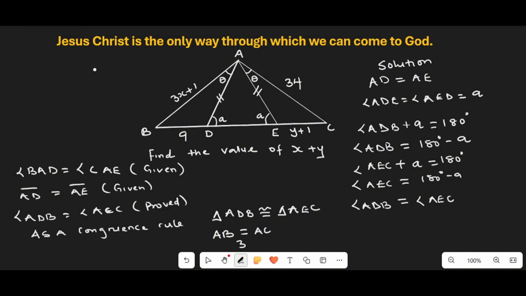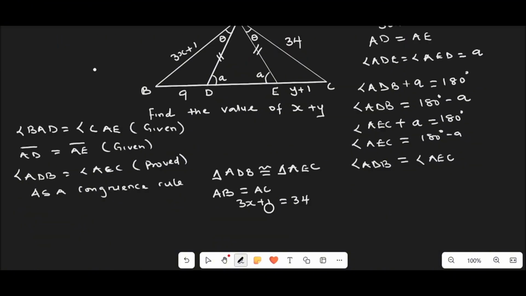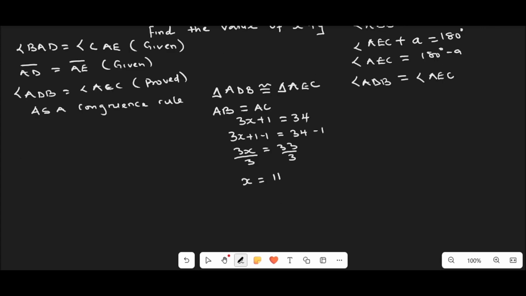So 3x plus 1 equals our AC, 34. Let us subtract 1 from both sides. 3x plus 1 minus 1 equals 34 minus 1. 3x equals 33. Divide both sides by 3. x equals 11.